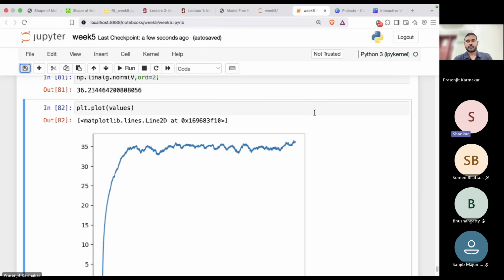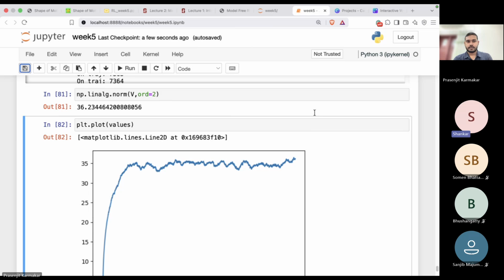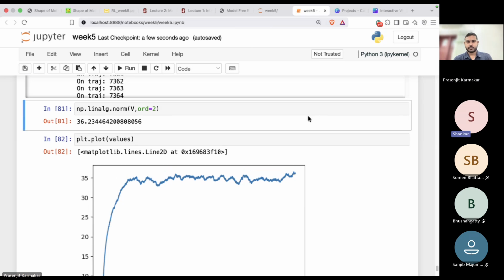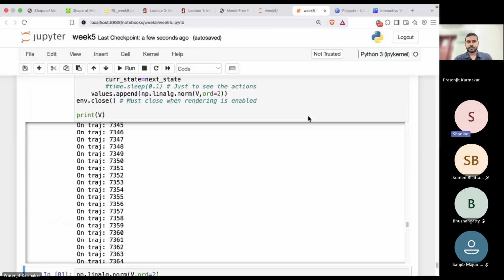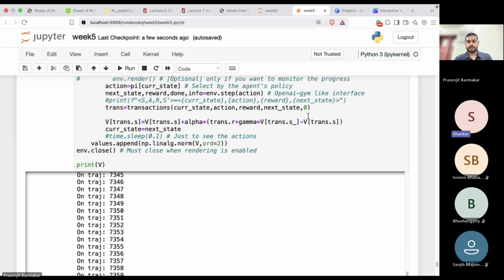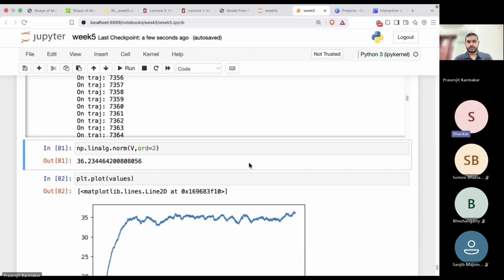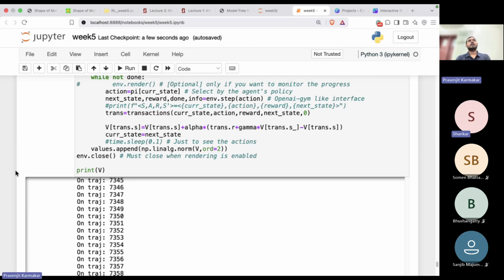Student: I have one doubt. This TD is having a very low value compared to the other methods, right? So how can we bridge this? It's actually not a better value with Monte Carlo compared to TD. There is a bias actually.